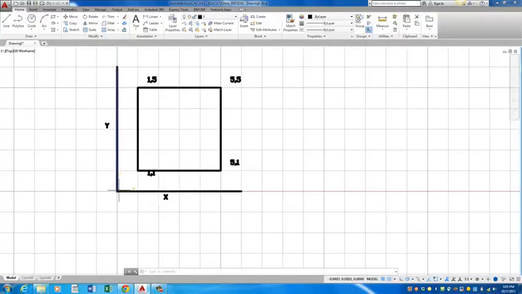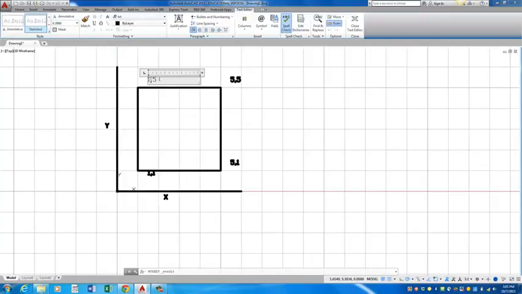Therefore, if I start out at my origin, this point here is still 1, comma 1 because I'm moving 1 in the x direction, 1 in the y direction. But now, if I want to move to this point or plot this point using relative coordinates, 1, 2, 3, 4, I'm just going to type x0, y 4.